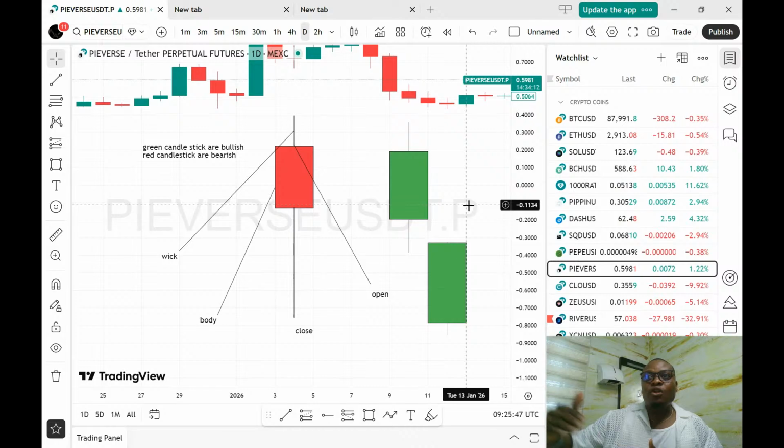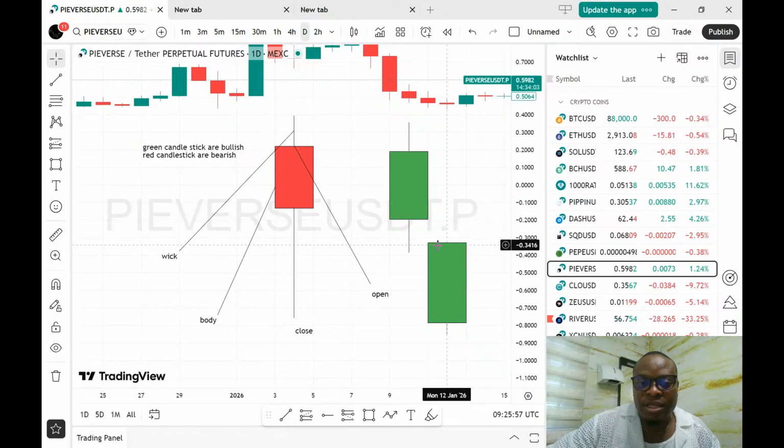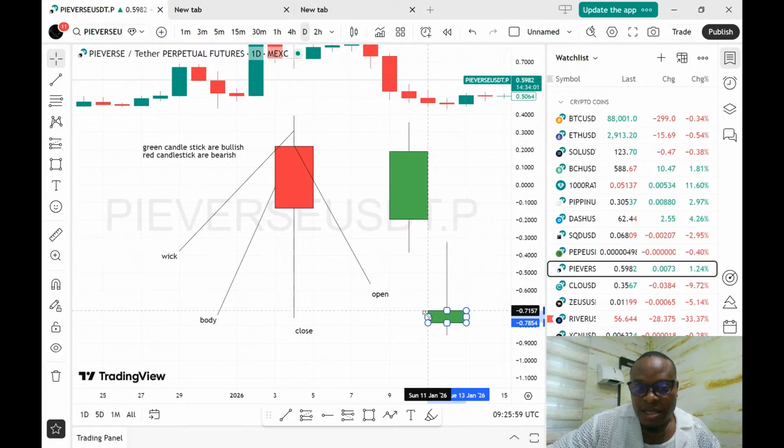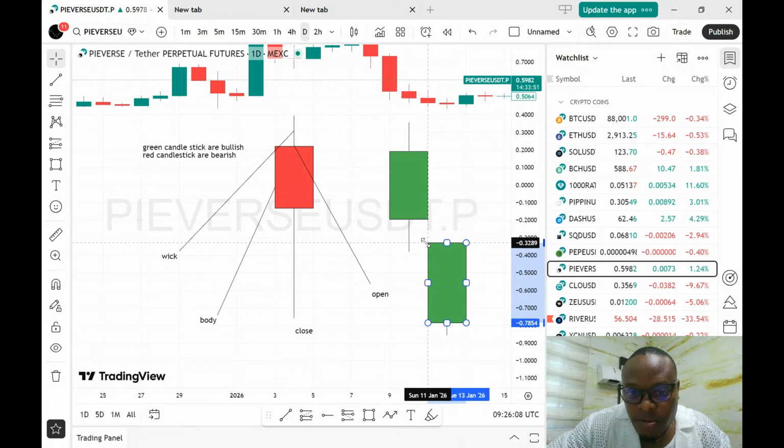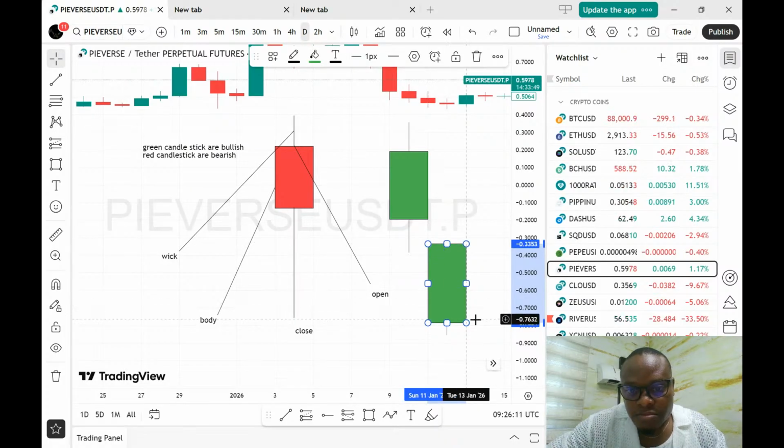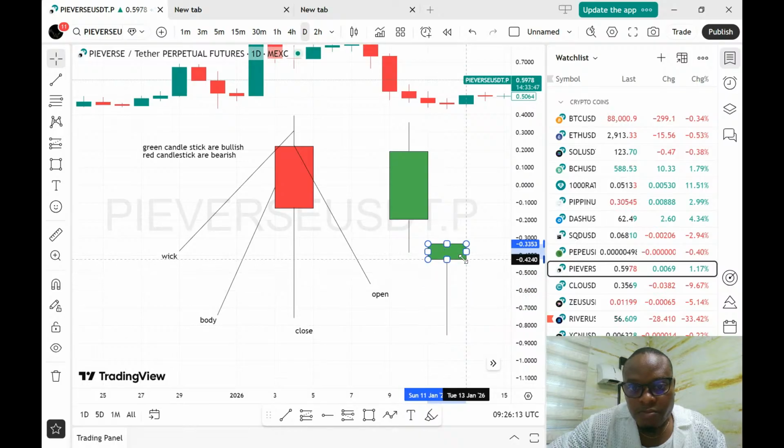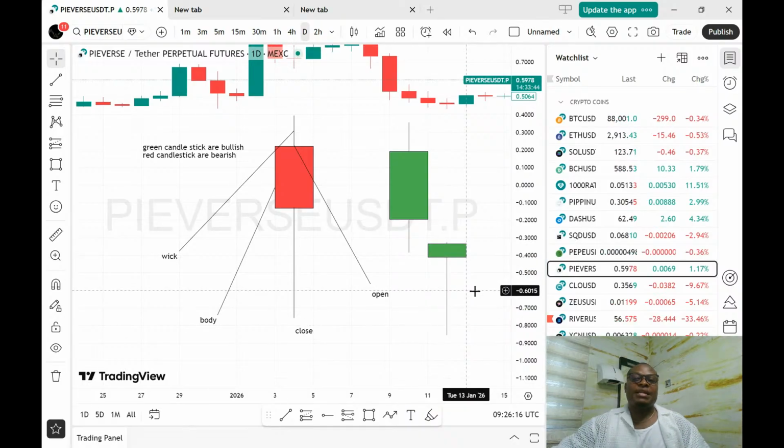Because you are seeing a very long, fat candle, it's telling you that there are enough buyers in the market. But if you are seeing a candle with a small body like this, it's telling you that buyers just started dominating the market.